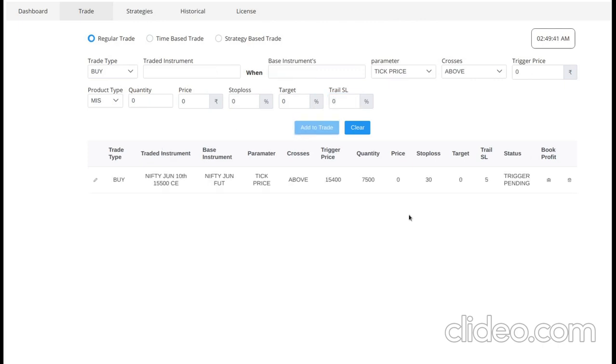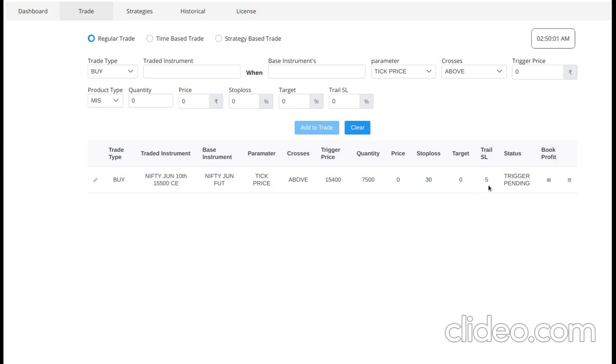So imagine that when the trade got triggered, the price at which we bought this option is around 100 rupees, and the initial stop loss is till the option price becomes 70, the stop loss is not hit.